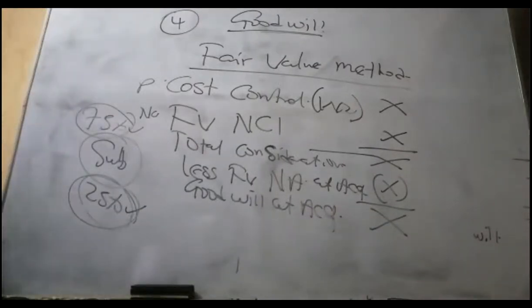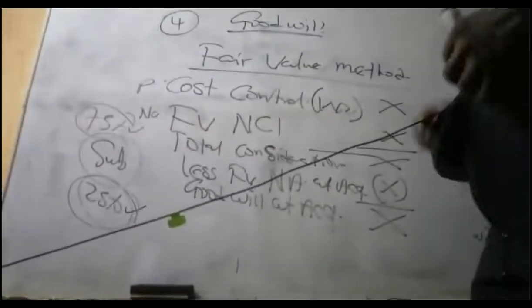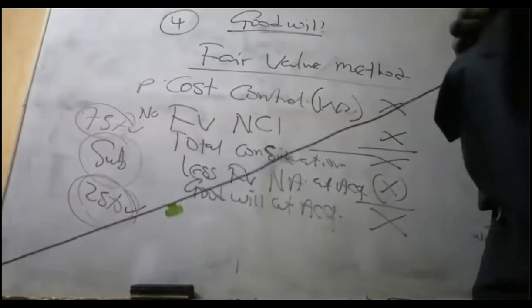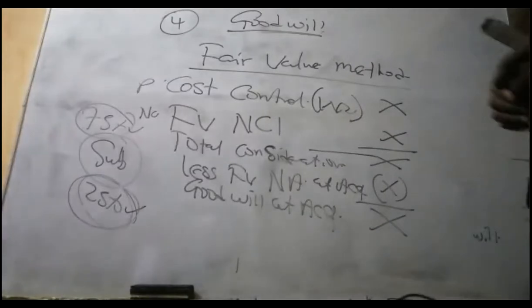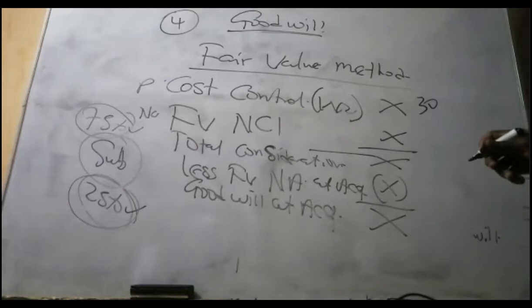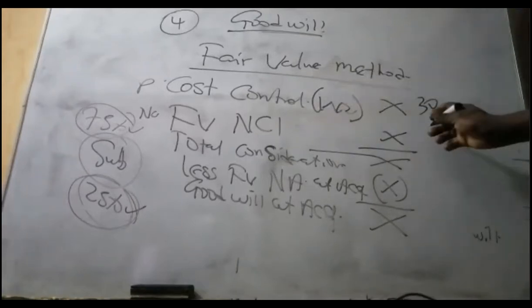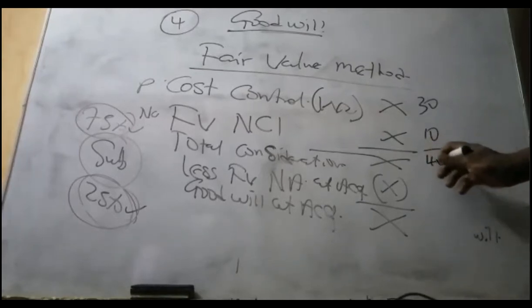So let's assume that for the 75% that the parent acquired, the parent paid 30,000 Ghana cedis. NCI paid 10,000. Therefore, the entire amount paid to acquire the shares of that company would be 40,000.